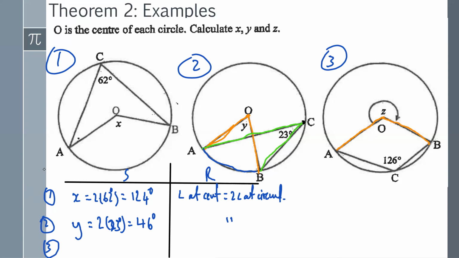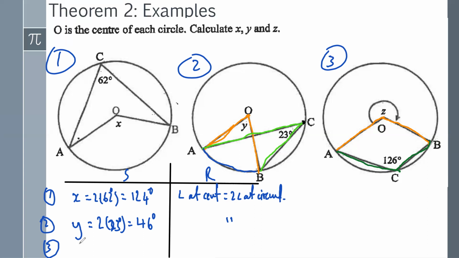We see they rest on AB. We do the same thing with this angle at the circumference, and clearly both pairs of arms rest on the arc AB.